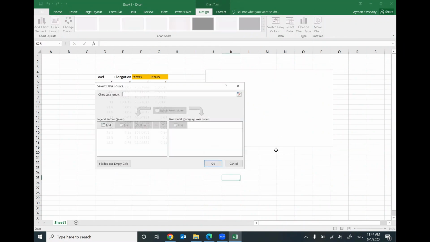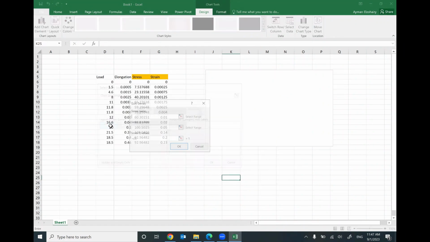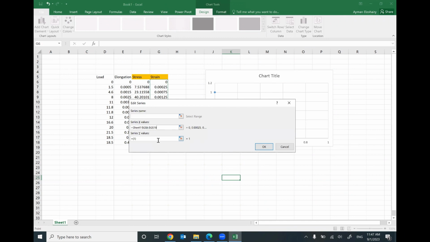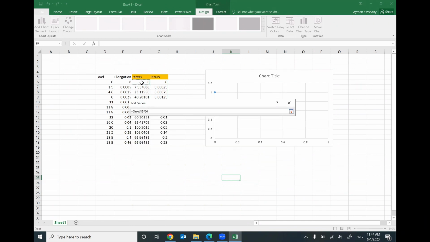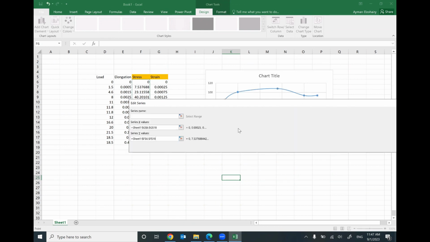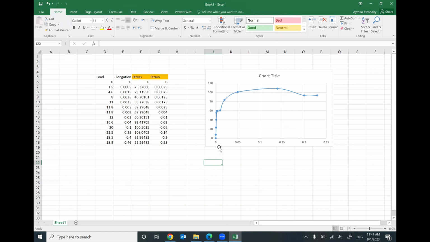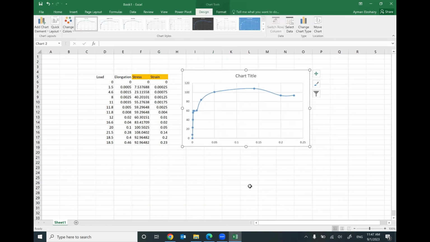Select data, add. For the x value, I will select the column of the strain. Enter. For the y values, I will select the values of the stress. Then I can say okay, you have your diagram.